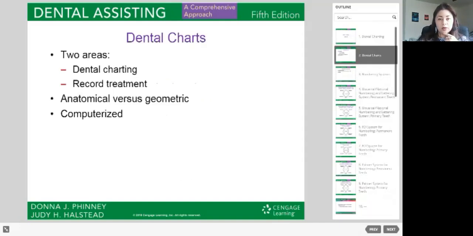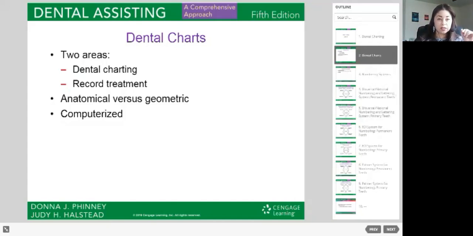All right, so we're going to talk about dental charting, and in your book, it's page 291. There are two basic areas of dental charting that are important, and that is the actual dental chart itself and the record treatment. We're going to start out by talking about the numbering systems, anatomic versus computerized, and geometric.